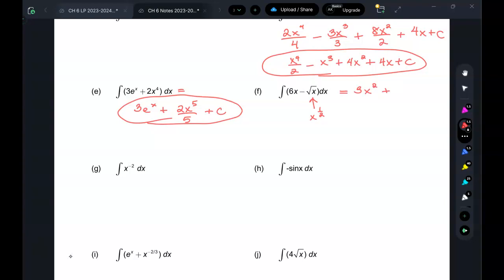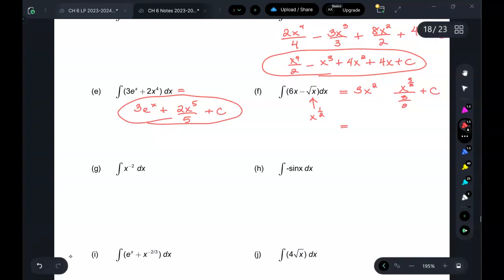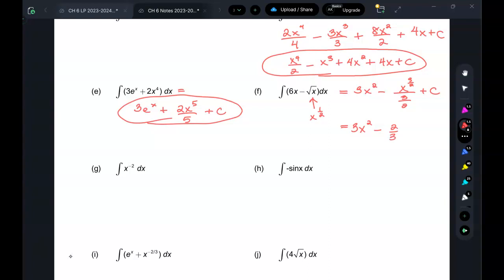It's going to be x to the 3/2 over 3/2. That should be minus. So we get 3x squared minus 2/3 x to the 3/2 plus c.